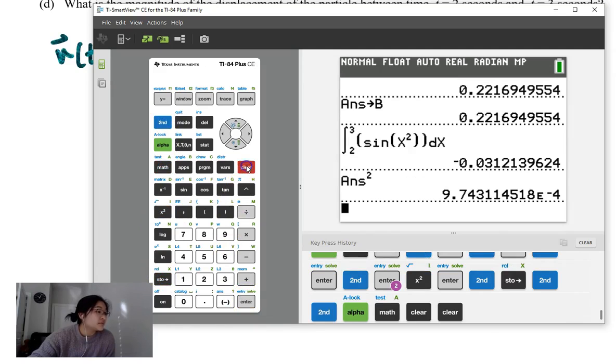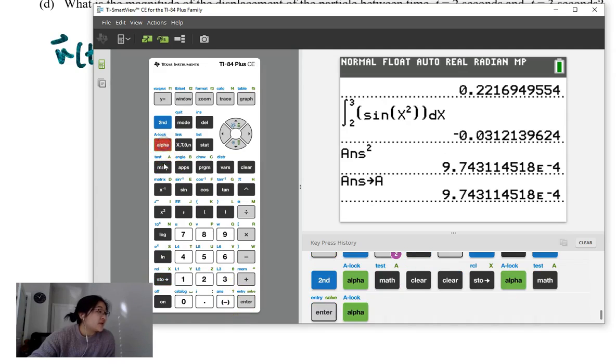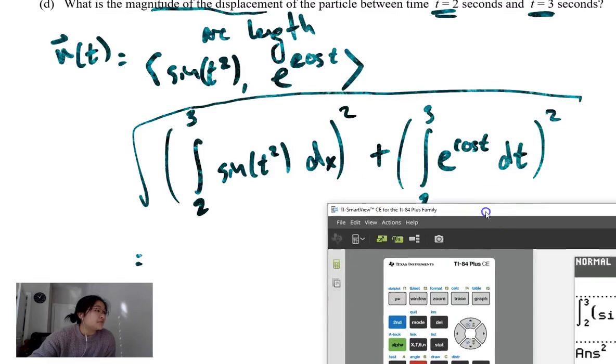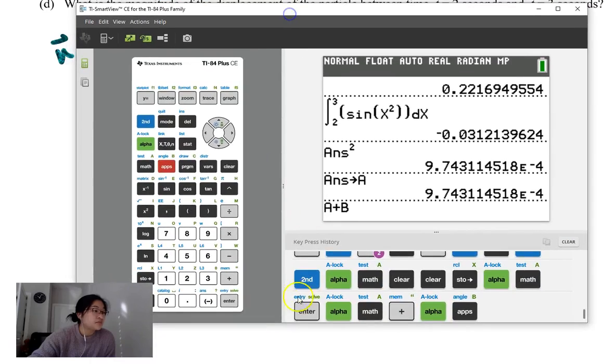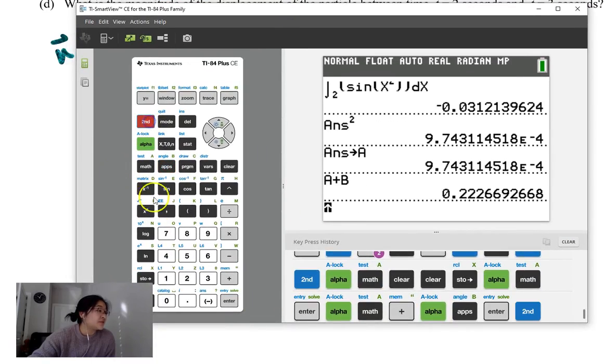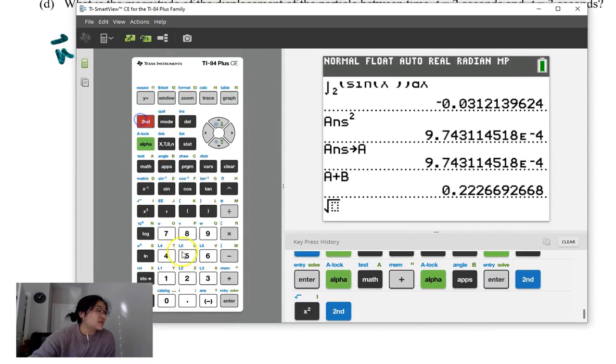So now I have A plus B, which were, A was this, and B was that. And add those together, and then square root them. Second negative sign to give the answer.